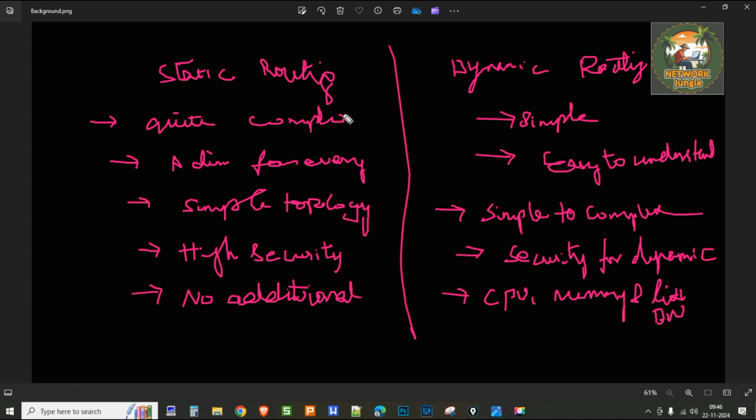These are the differences between static routing and dynamic routing protocols. Each routing type has different advantages and disadvantages.